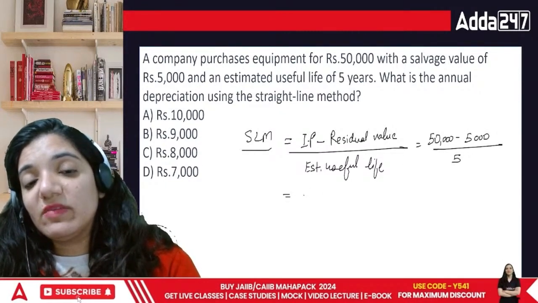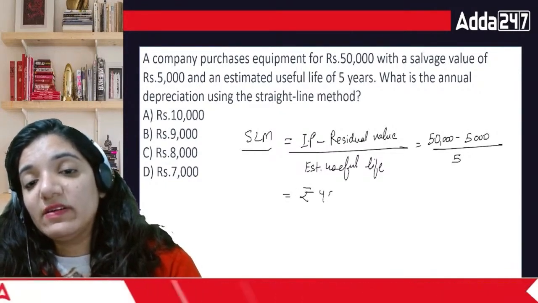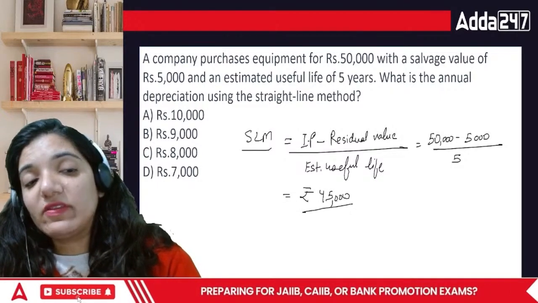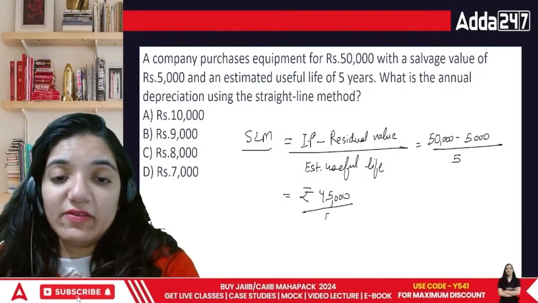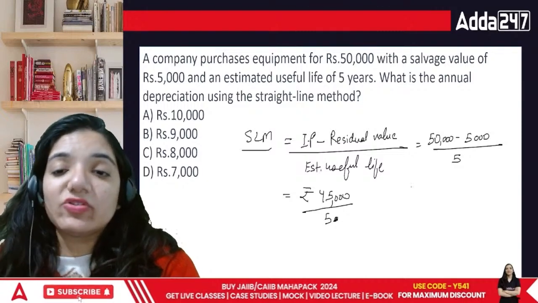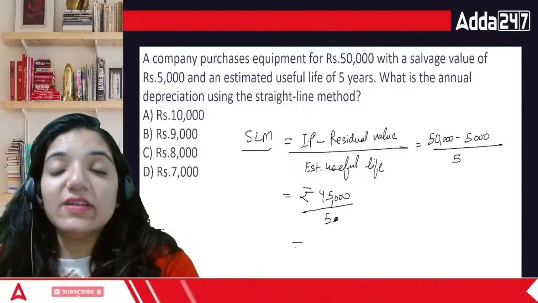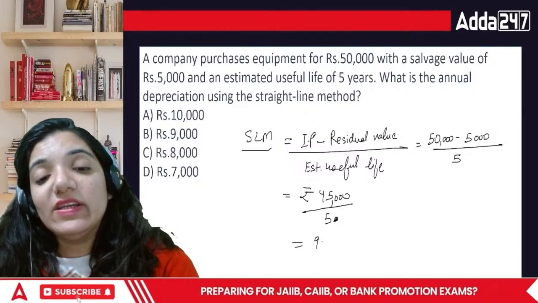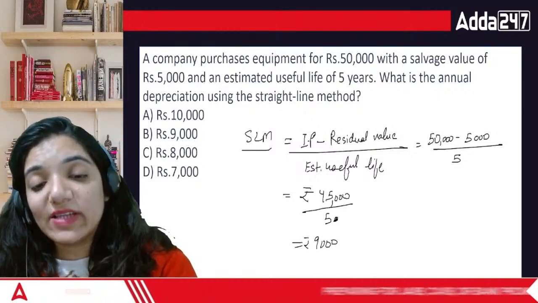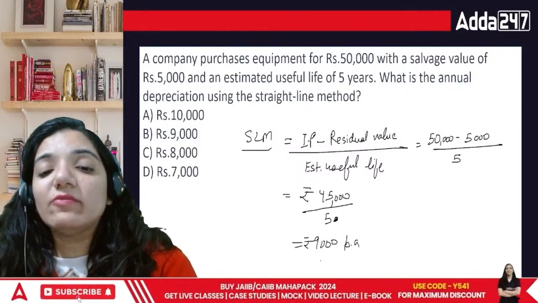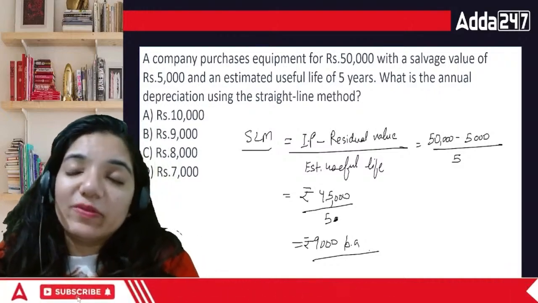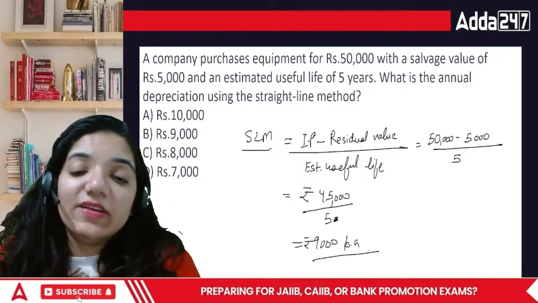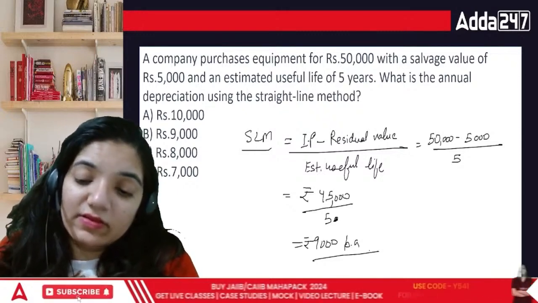So in this case the amount is rupees 45,000. You know, 45,000 divided by 5 years. So if the life of that asset is 5 years, in this case, the answer comes out to be 9,000 rupees depreciation per annum. So over the next 5 years, we will depreciate rupees 9,000 every single year.